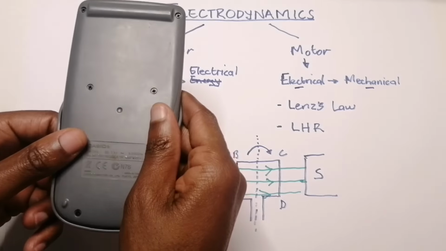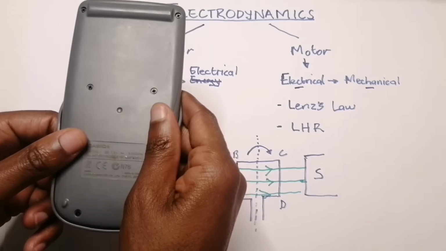So the direction of rotation is upwards, and our first finger is going from left to right. So where's the direction of my current? On side AB, I'm trying to determine the direction of the current, and in this case, it's telling me it's moving from A to B.